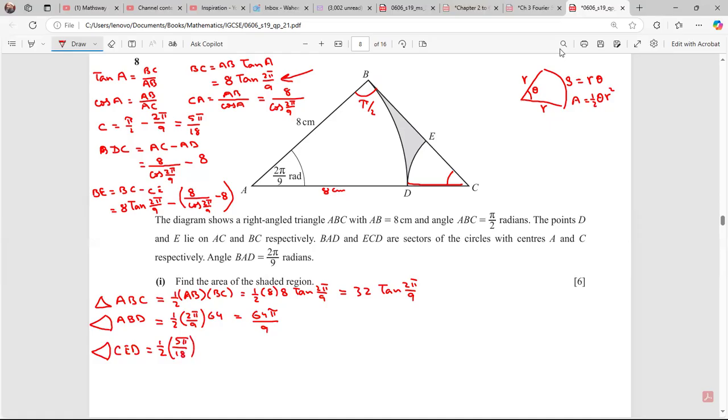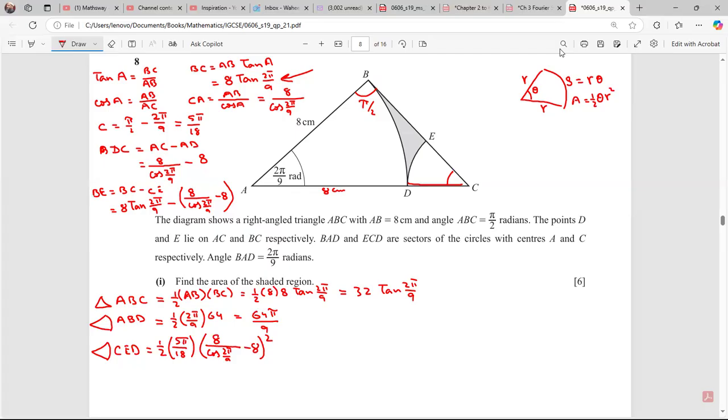Now this r is CE, this one, DC. So this is going to be 8 over cosine of 2 pi by 9 minus 8 and its square. This is the area of the third thing.